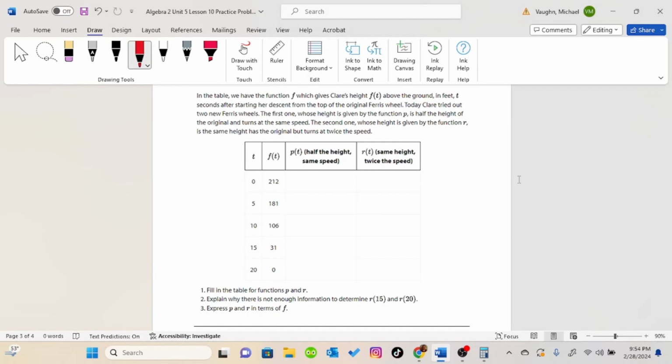The first one, whose height is given by the function p, is half the height of the original and turns at the same speed. The second one, whose height is given by the function r, is the same height as the original, but turns at twice the speed. Number 1, fill in the table for functions p and r.